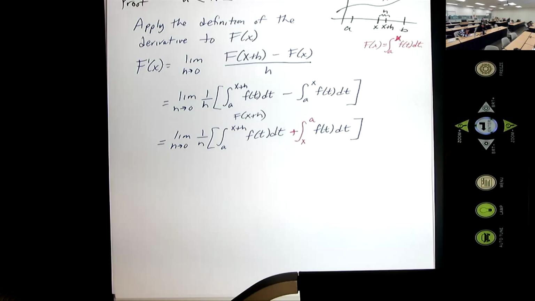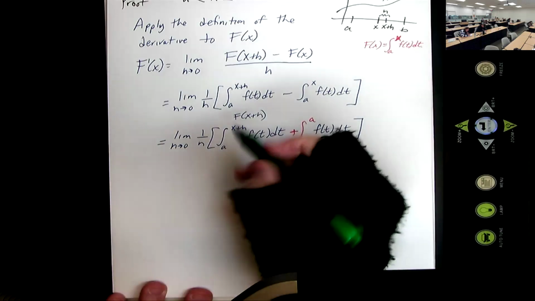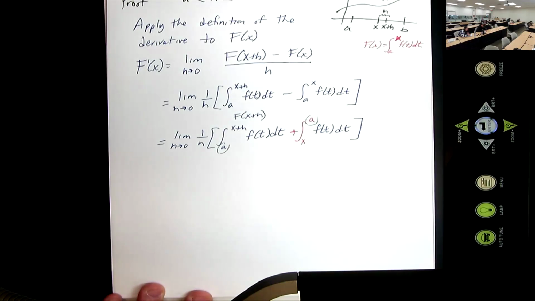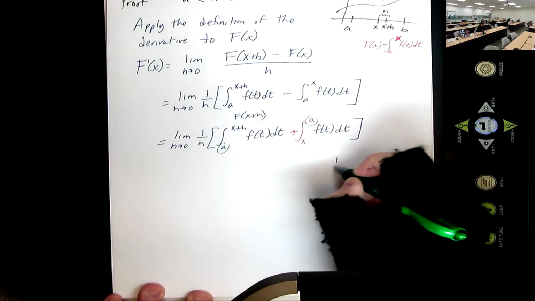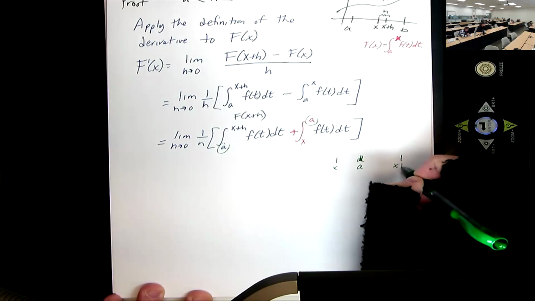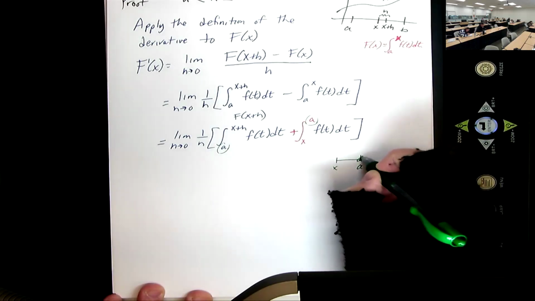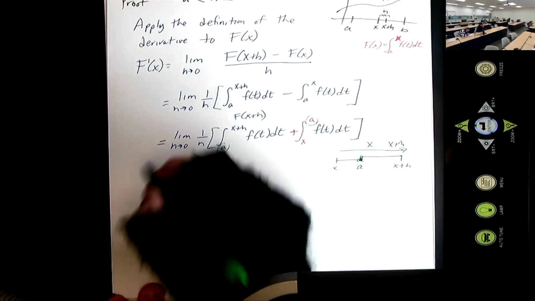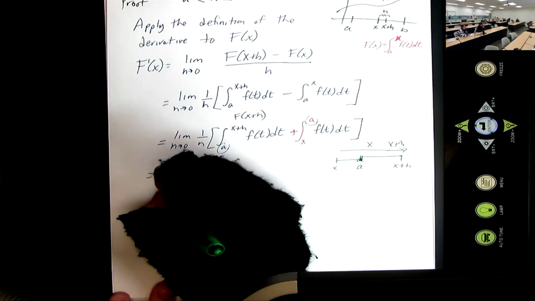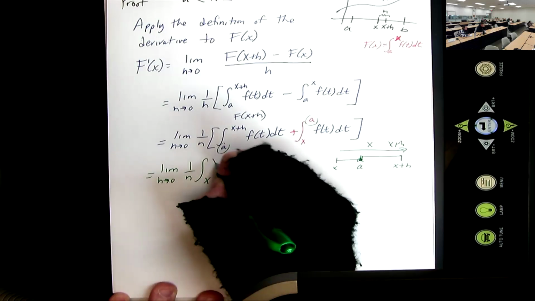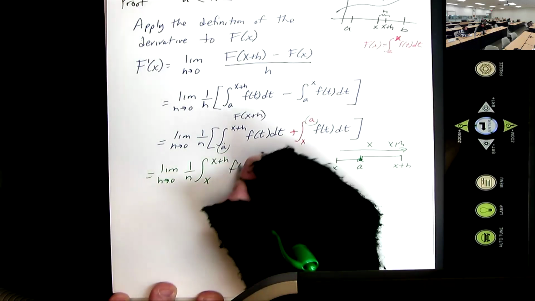Notice these two are now the same a. It's like going from x to a and then a to x plus h. That's just doing the whole region all together. We can do it all together as x to x plus h. This is the limit as h goes to 0 of 1 over h, the integral from x to x plus h of f of t dt.